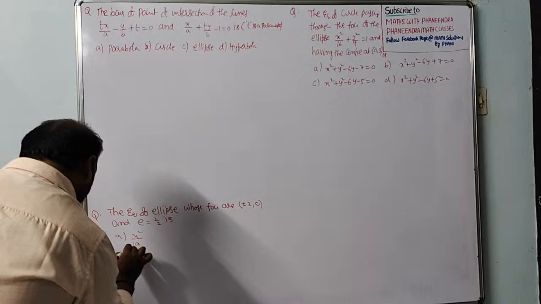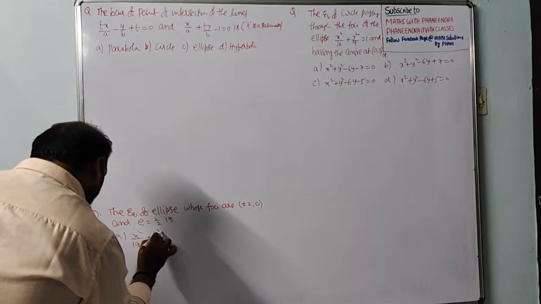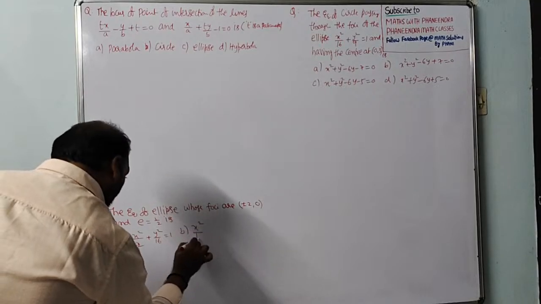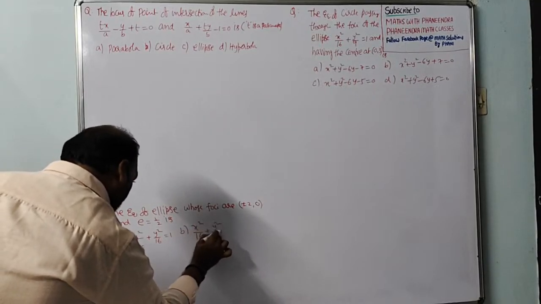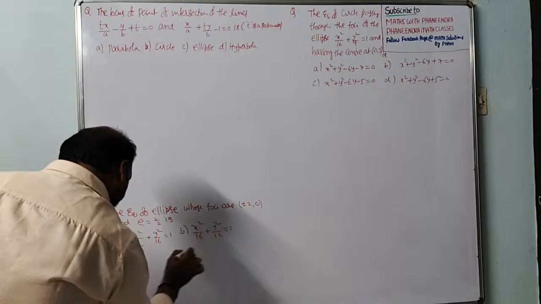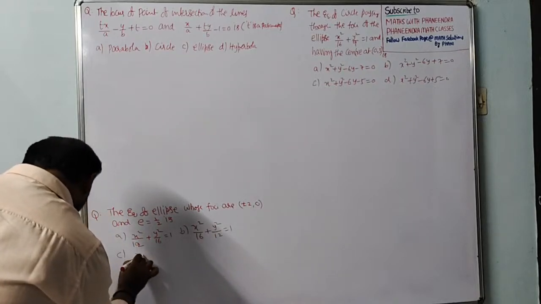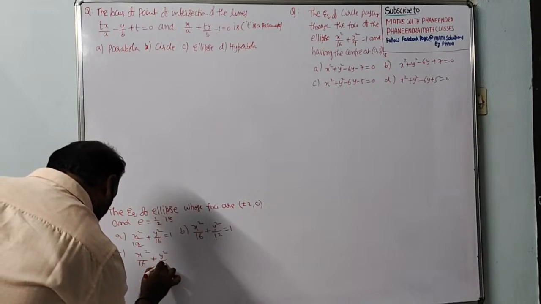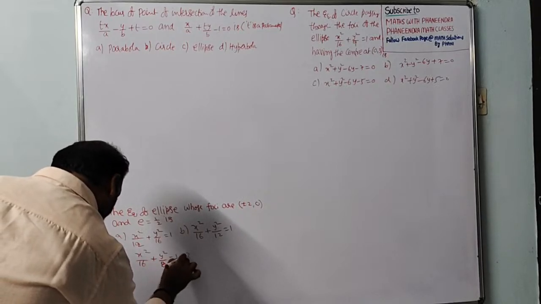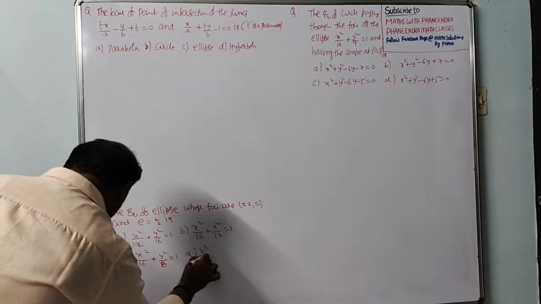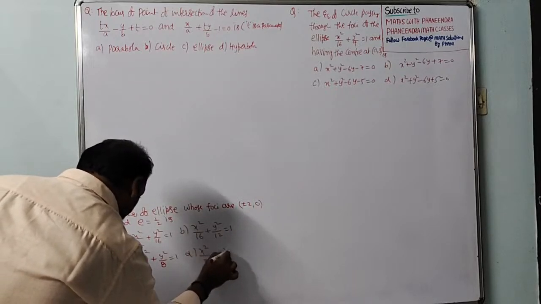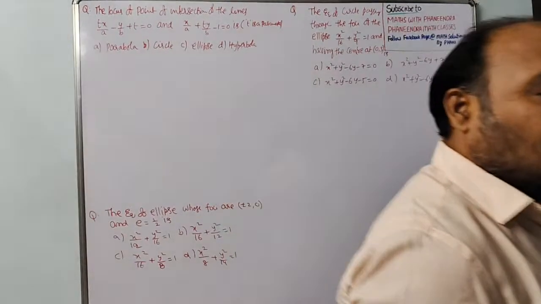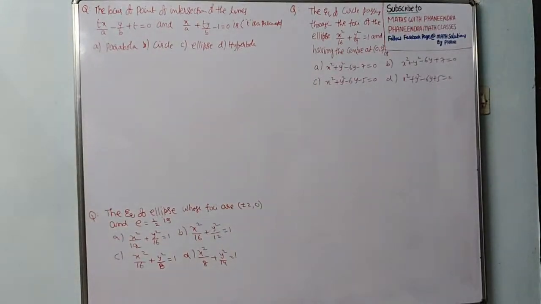X square by 12 plus y square by 16 equal to 1, x square by 16 plus y square by 12 equal to 1, x square by 16 plus y square by 8 equal to 1, x square by 8 plus y square by 14 equal to 1. We need to check the options for this question.